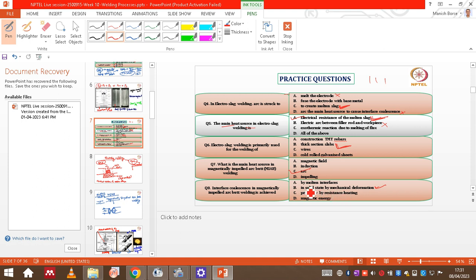It is not actually in the solid state, it should be in the semi-solid state, then this option will be more appropriate. So semi-solid state by mechanical deformation. Yeah, so the B option is the correct one. Once the molten liquid is splashed out, we have to give the upsetting force, and because of mechanical coalescence, the joint will take place, right?